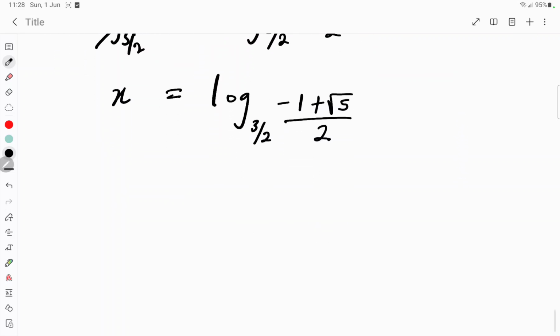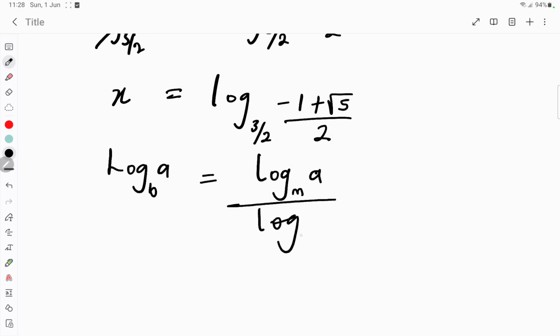Okay, from here now, we are going to apply the change of base law of logarithm, which says that log base b of a is the same thing as log of a divided by log of b, using change of base. You can use the common log or the natural log.